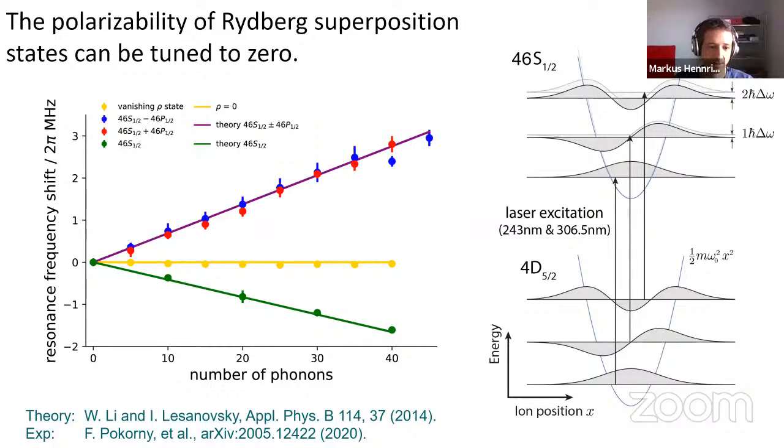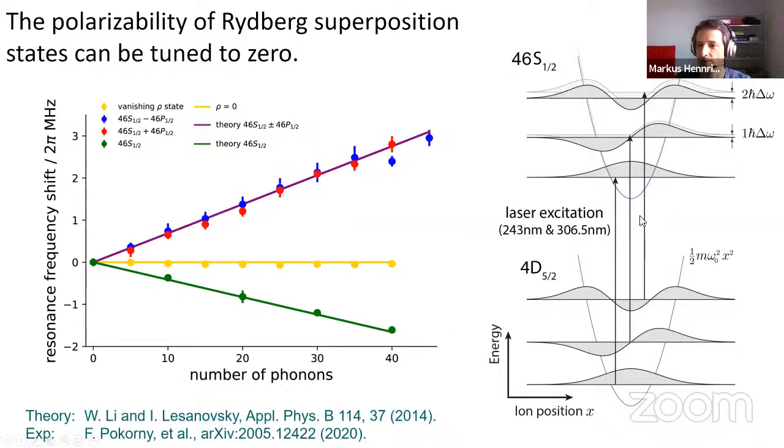We looked into that, again looking at the different resonance transition frequencies for Rydberg excitation, depending on whether we are only going to S state, for the 6S, for instance, here just this green light, depending on the initial phonon numbers. And you see again, like before, this shift in energy depending on the phonon number.